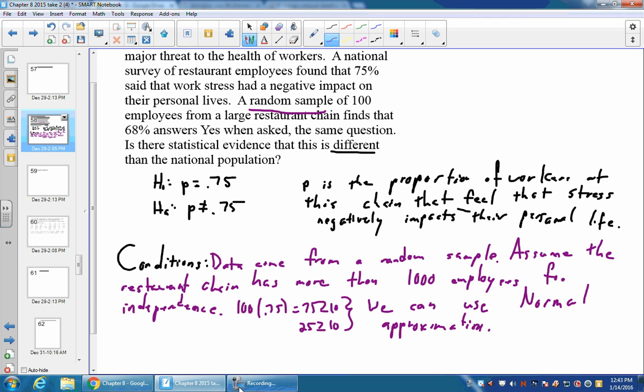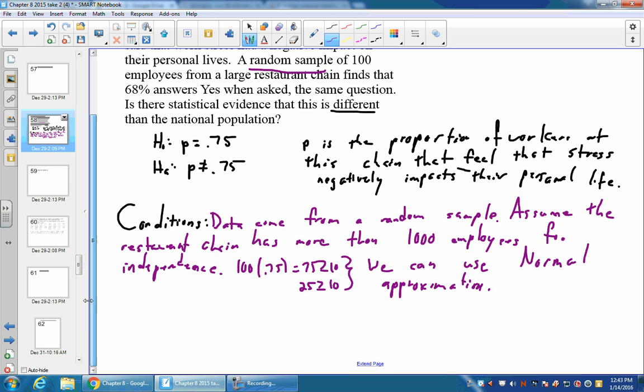Now we just have to do the calculations. We're looking at the probability that our p hat is going to be less than 0.68, because that's our value. And then we're going to multiply that times 2 because this is a two-sided test.